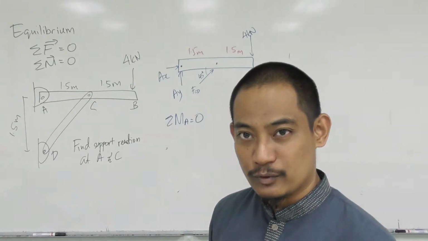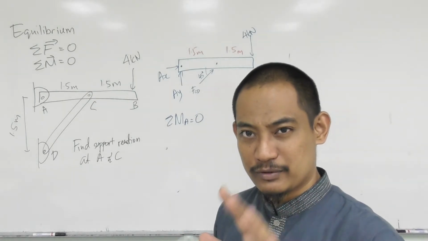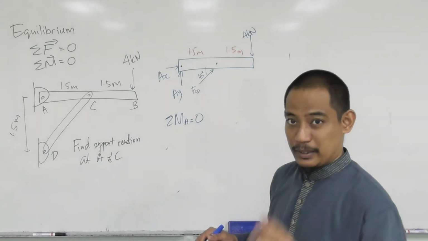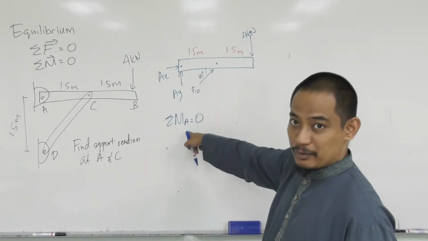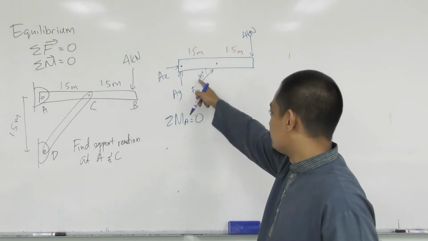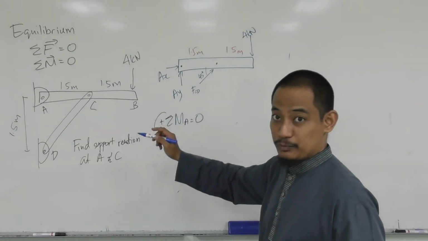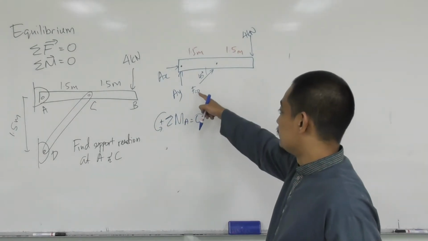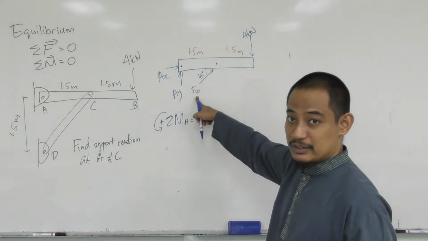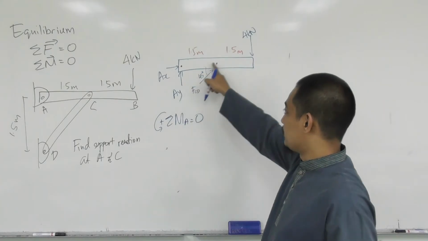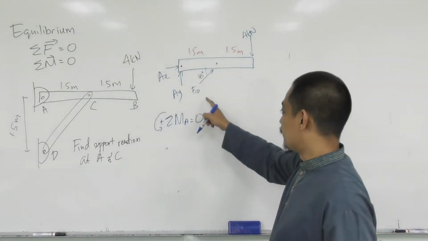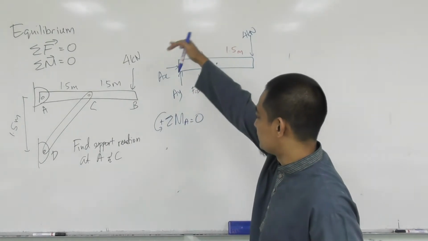Hopefully it's not blurry, because sometimes the focus is out of focus. So summation of moment about point A is 0. If I take counterclockwise as positive, you have the x component and y component of FCD, but the x component doesn't produce any moment, right? So only the y component, and that y component is producing counterclockwise.